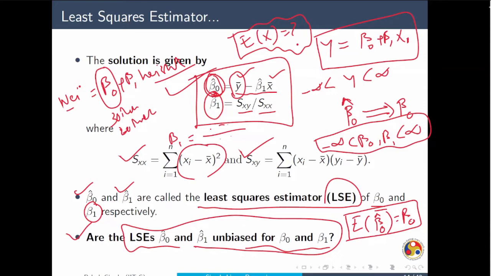For example, once I put in all the values, I may get a value of beta naught of 1.5. Beta naught is a parameter, and after you differentiate, you will have some expression. When you put in the data, like x bar and y bar, you will get values, and that value is denoted by hat.